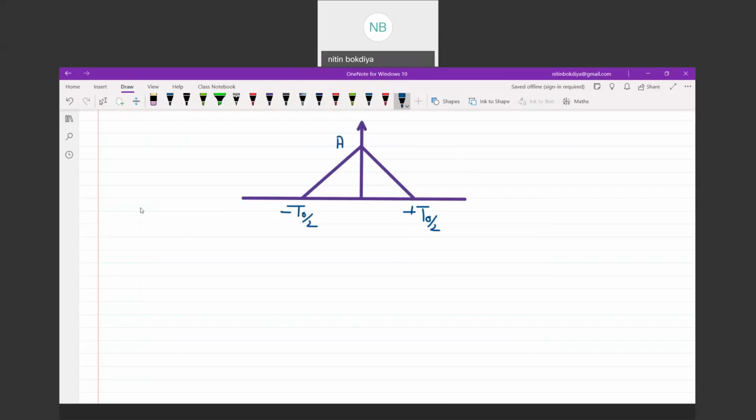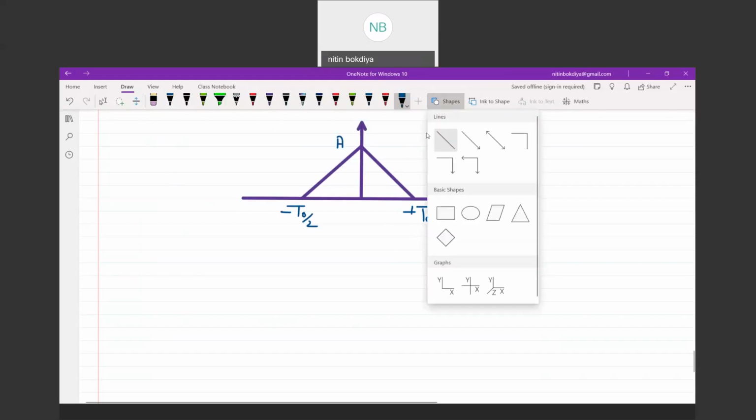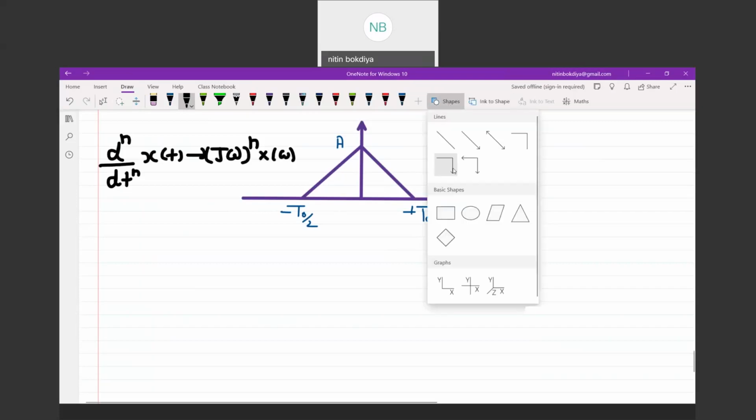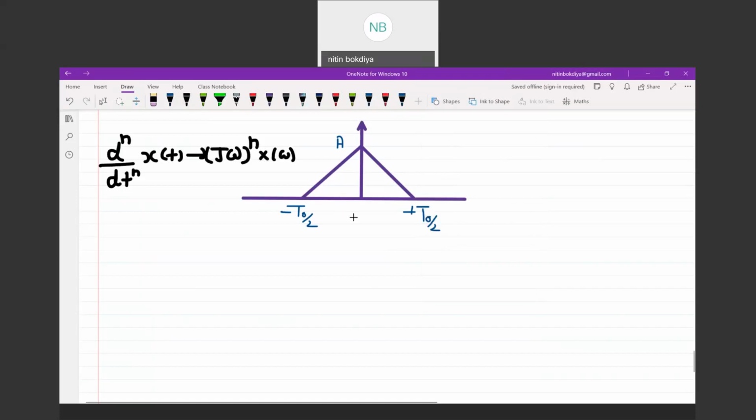And I can write that if we are interested in the nth derivative, d n divided by dt n of x of t, this will be j omega to the power n into x of omega. So let's start. Let's draw its derivative.